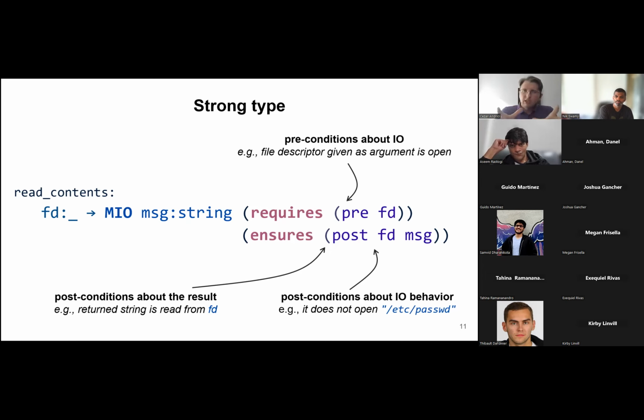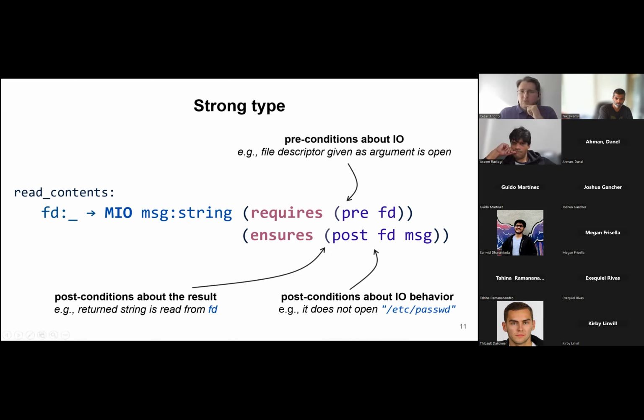So this strong type has 3 types of specification for us. The precondition and the first post condition can be enforced using higher order contracts, because they can be checked. The precondition doesn't have to be checked, but it can be checked either before calling read contents or after read contents returns.